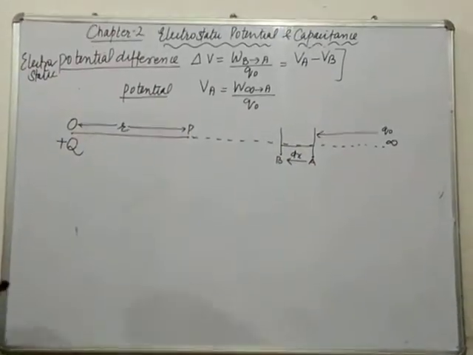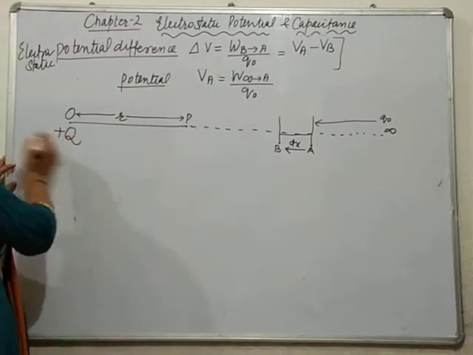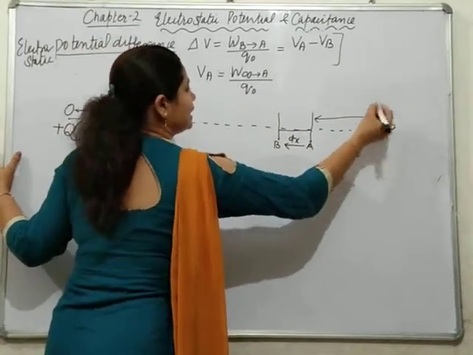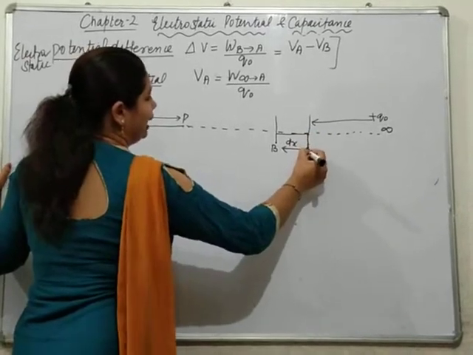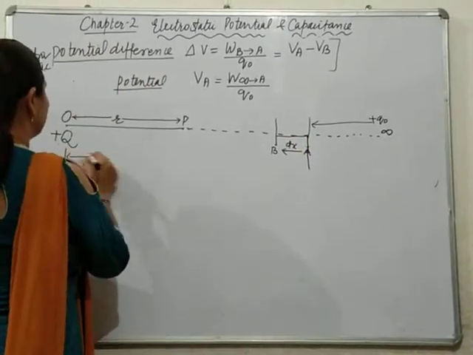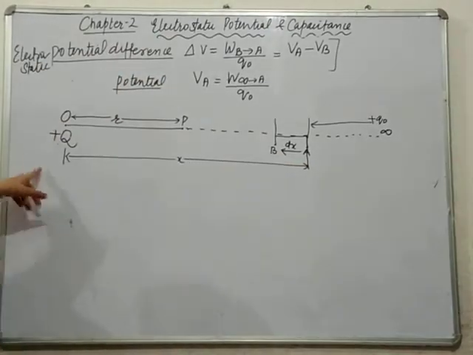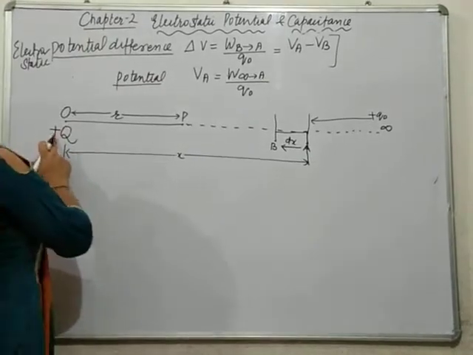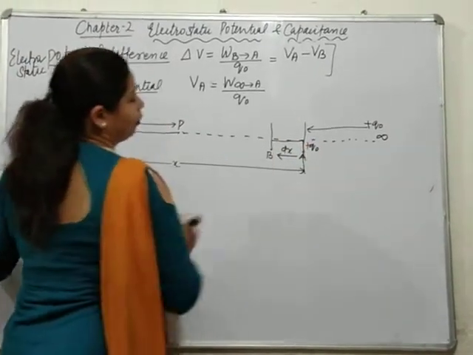Then what do we have to consider now? This is our source charge, which is positive, and here we have considered a test charge, again positive, at a point A at a distance x from our source charge. Positive charge will repel the positive charge at this point.